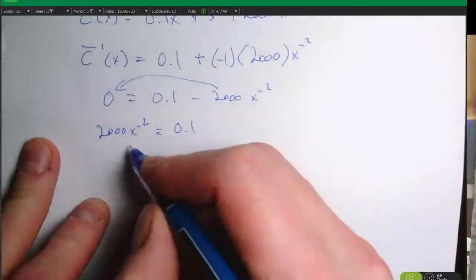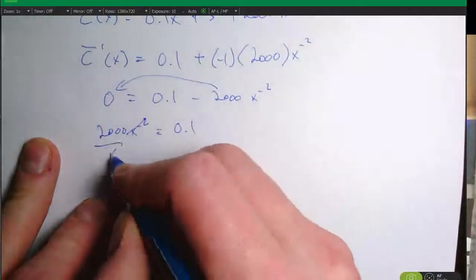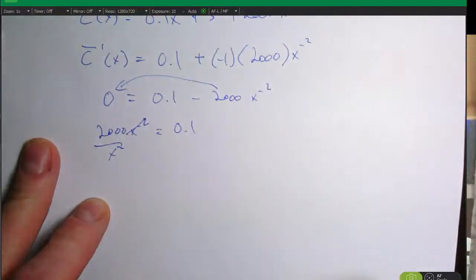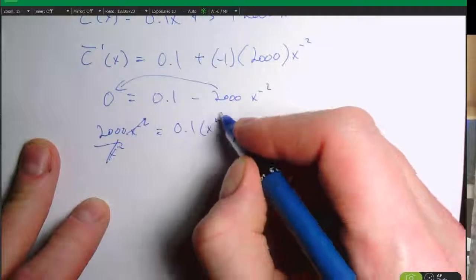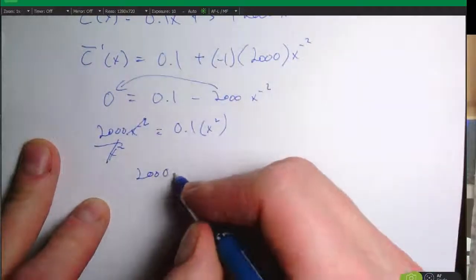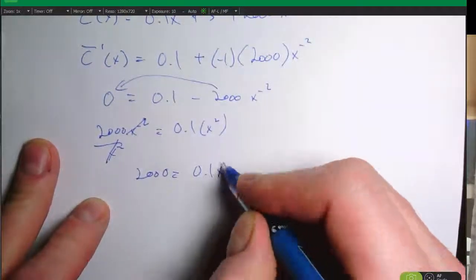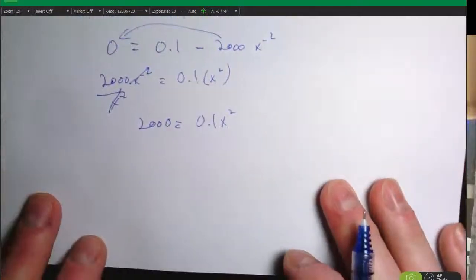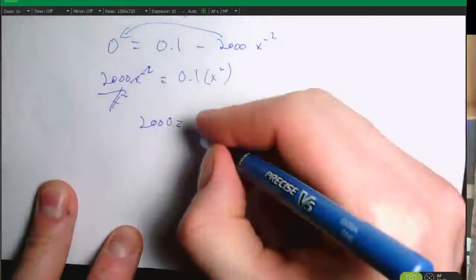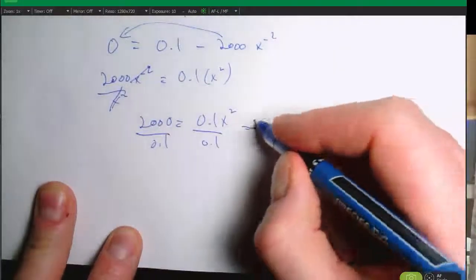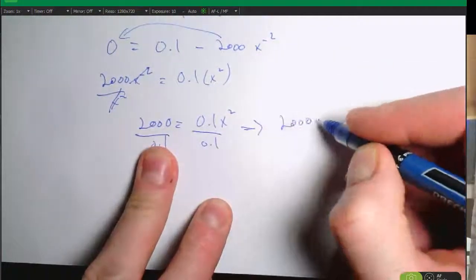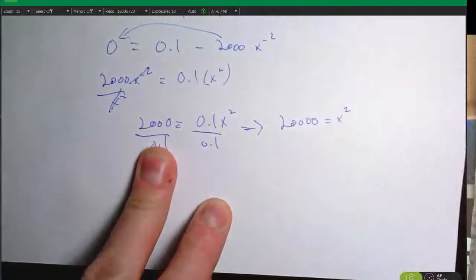What I can do is, this is really over x squared. So I can multiply both sides by an x squared to cancel this off. And I get 2000 equals 0.1x squared. Divide by 0.1, and I get 20,000 equals x squared.